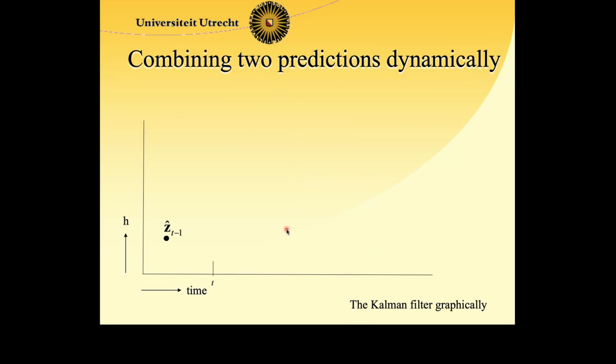Okay, so we can also do this graphically. Suppose that we have the optimal prediction at t-1 from application of the previous Kalman filter in the previous time steps. Then we use our model to do a model update, or time update.